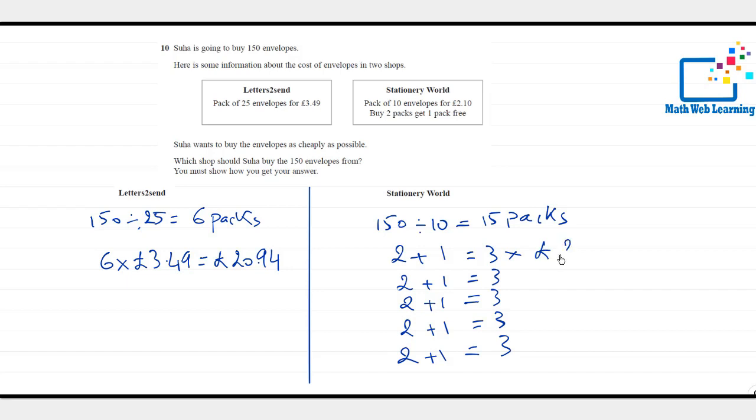She pays for 2 packs, which means it will cost her £4.20. And because I have 5 of them, you multiply by 5. You do the calculation in your calculator, and you get £21 as the answer.